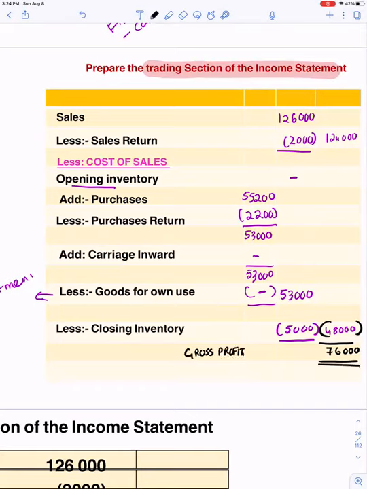Remember, gross profit is a profit that you earn wholly and solely because of trading activities, because of buying and selling. If there is no buying and selling, there is no gross profit. Okay, am I very clear with this?